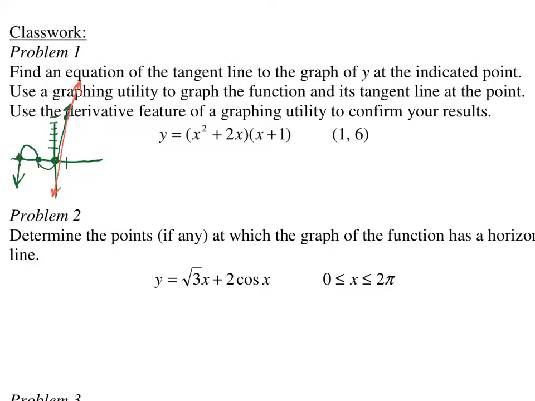But even from this sketch, I can tell that the slope of my line is going to be pretty steep. It's going to be positive. I can also tell that this line is going to be crossing the y-axis down in the negatives. So when I find the equation, it's going to be y equals mx minus something.